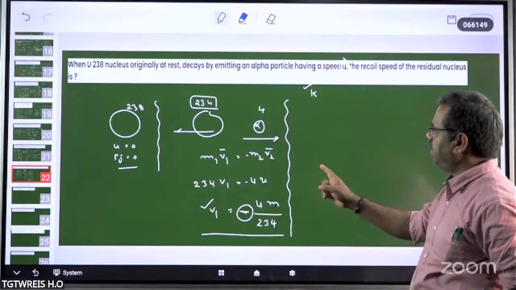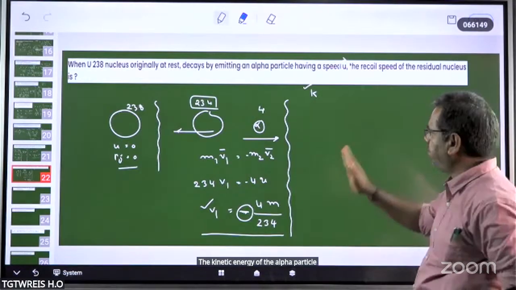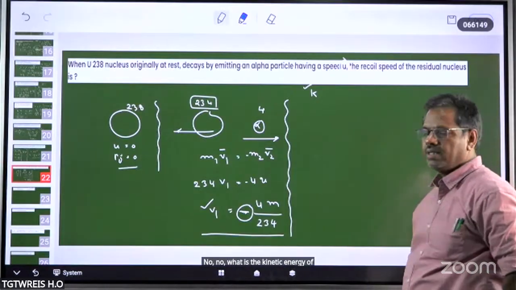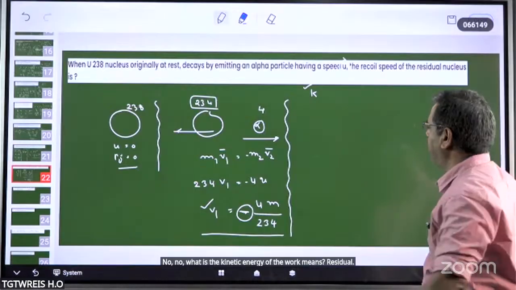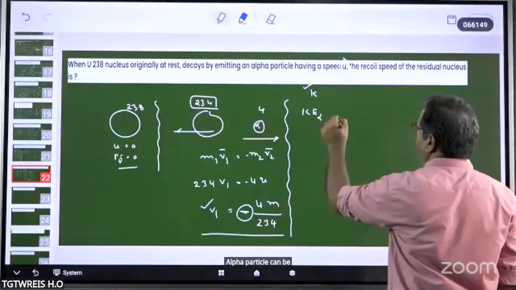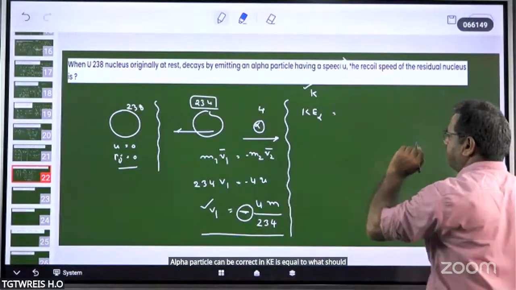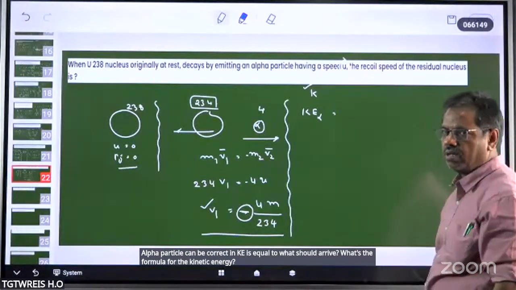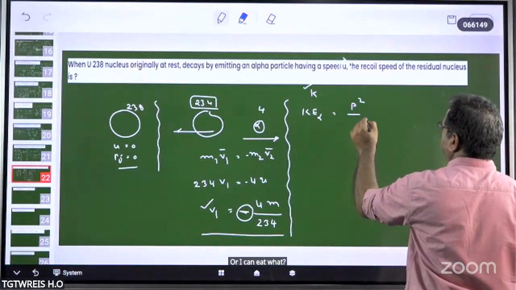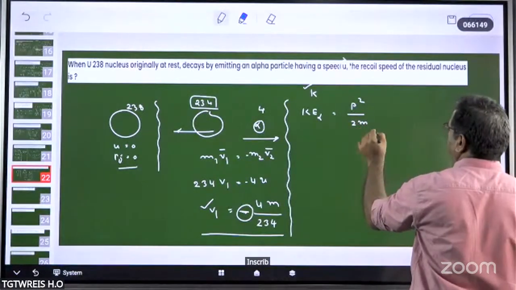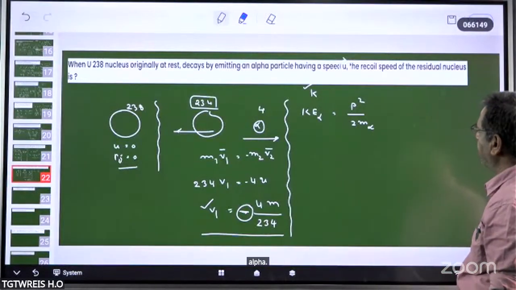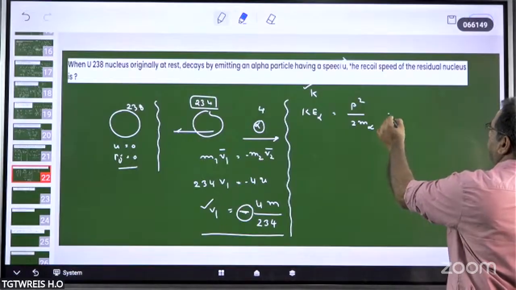The kinetic energy of the alpha particle is given to you as K. What is the formula for kinetic energy? Half mv square, or I can write P square by 2m, where m is the mass of the alpha. This value is given to you as K.